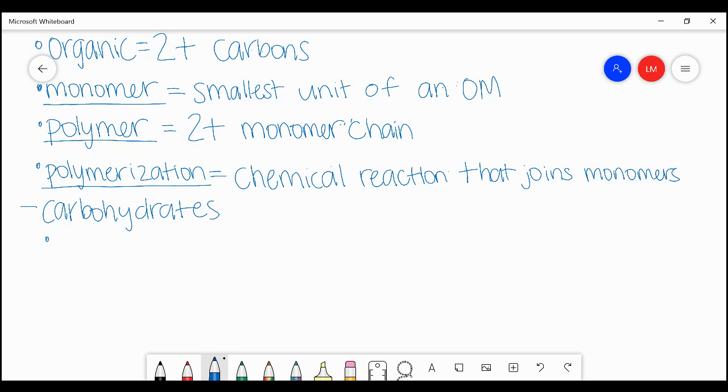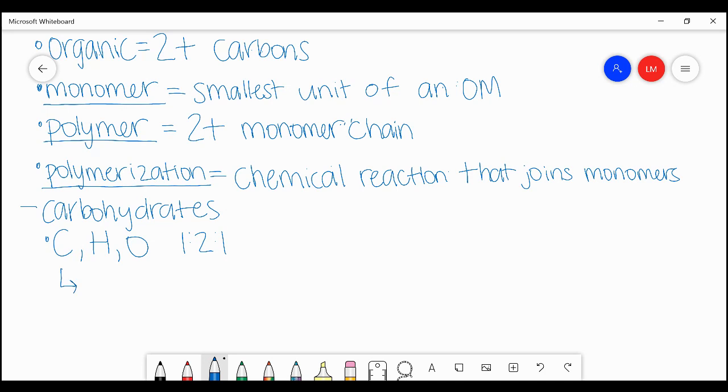Carbohydrates are made up of only carbon, hydrogen, and oxygen. And the special thing is that we will find these elements in a 1:2:1 ratio. That means that for every carbon, there are 2 hydrogens and 1 oxygen.